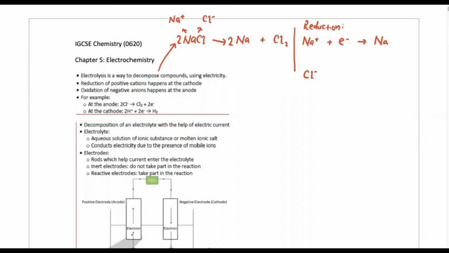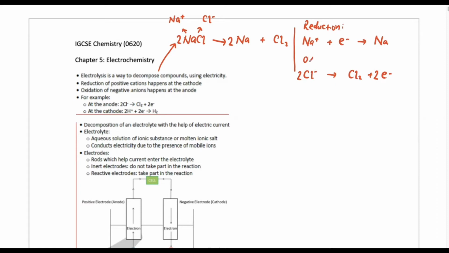So you know, negative go to positive. They are attracting each other. Okay, so they attract and hence the anion comes here, and then the electron is donated. So the negative charge is given away. So it becomes chlorine. So we have two chloride to form Cl2 and 2 electrons.